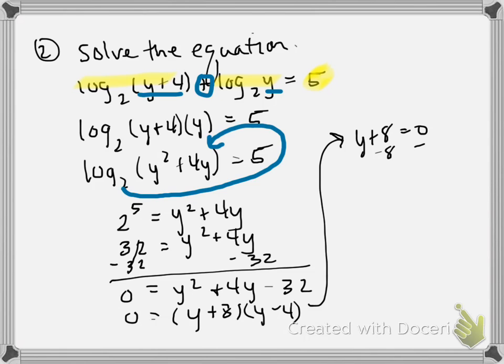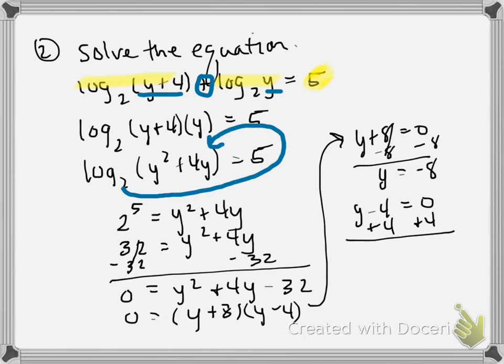So if I subtract 8 from both sides, we get y equals negative 8. And then also y minus 4 equals 0 using my zero product property. So I get y equals 4.